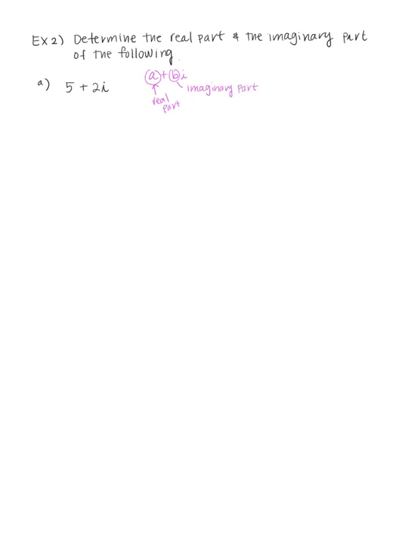In this case, which one is the real part? Well, I think 5 is the real part, and then 2 must be the imaginary part. So I'm going to answer that the real part is 5, and the imaginary part is positive 2.